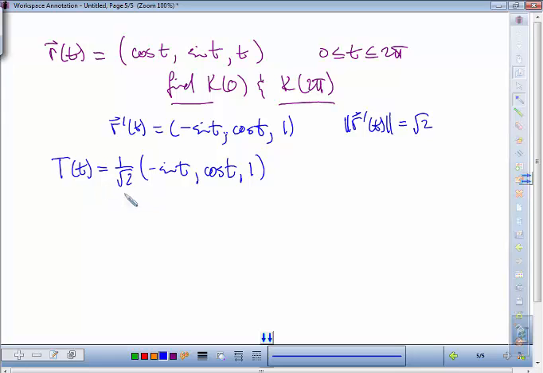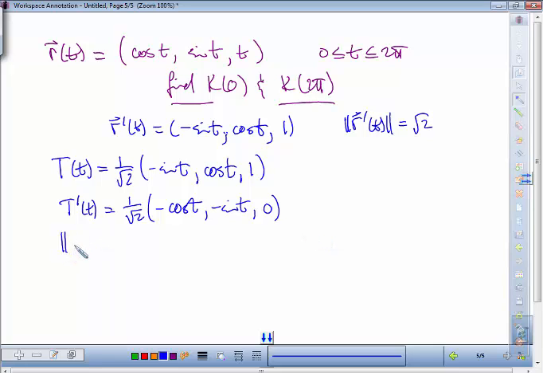We'll do that in a minute. But since this is constant, I can just leave this constant out and take the derivative of the inside. So T prime is going to be 1 over square root of 2, and then I take the derivative of each of these things. Negative cosine t, negative sine t, and here I get 0. Right?